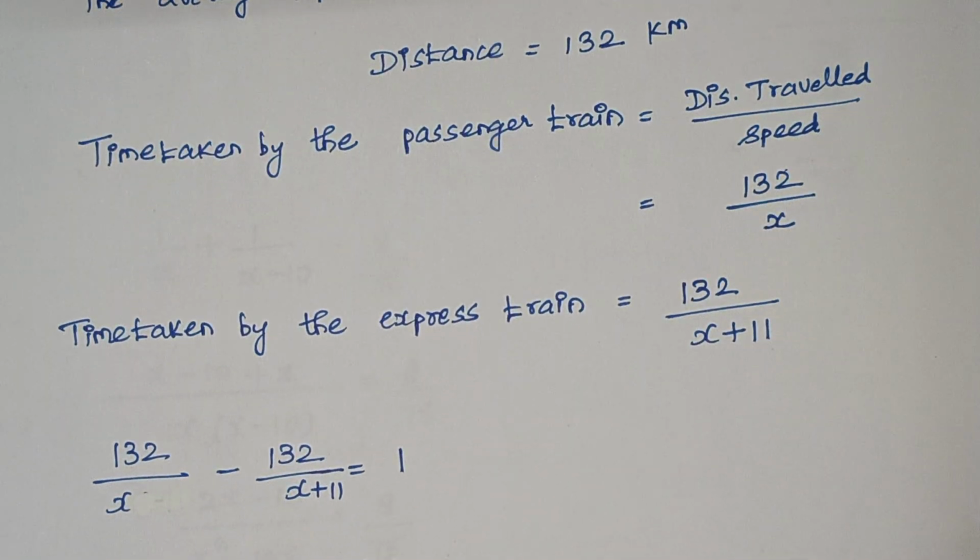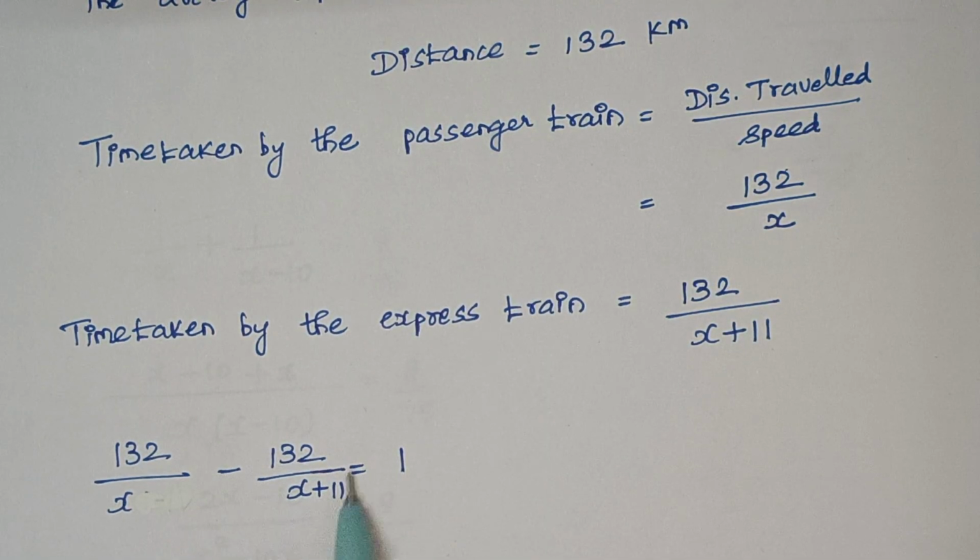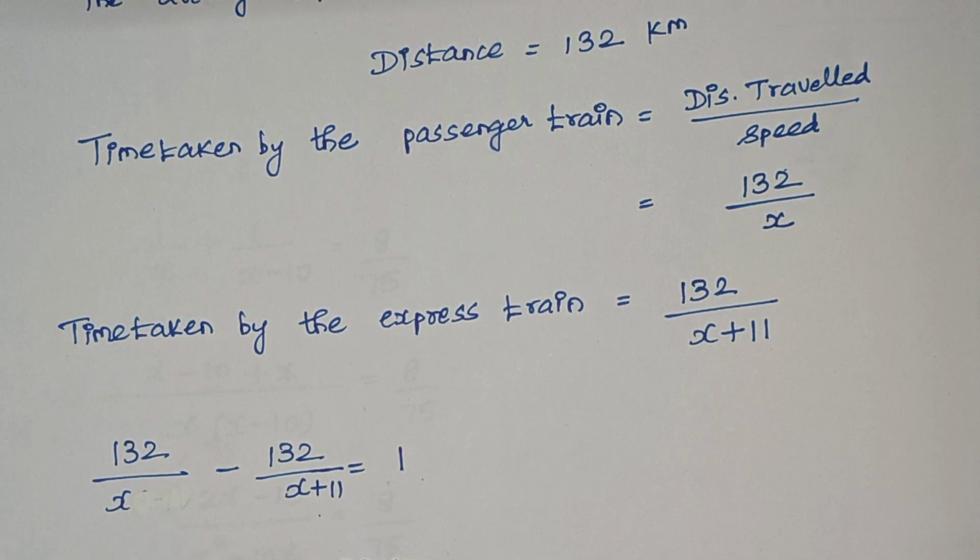So here, this is the time taken by the passenger train and this is the time taken by the express train. The difference between these two is equal to 1. So, 132 by x minus 132 by x plus 11 is equal to 1.